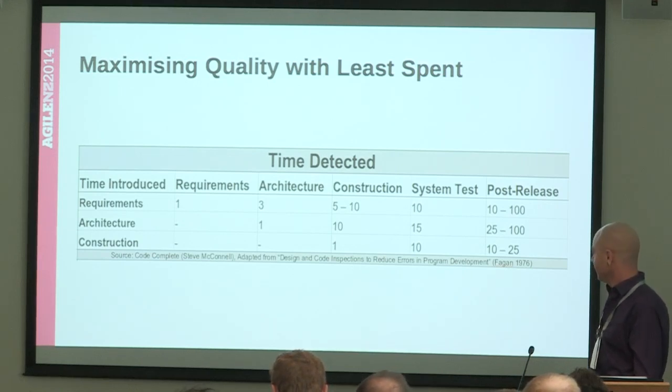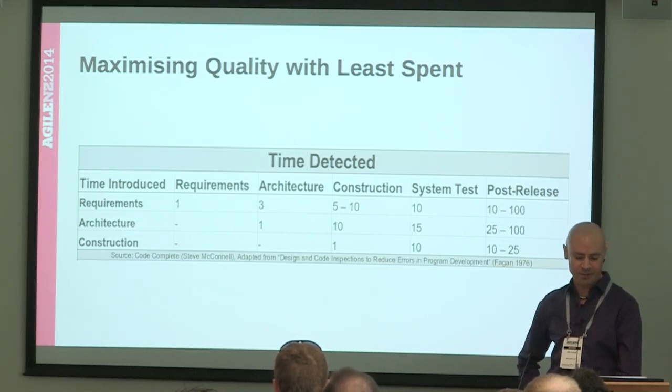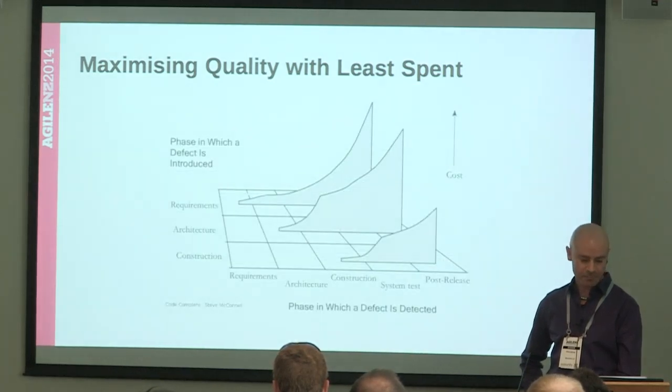So as you can see, if you detect a defect in your post-release stage, and it's a requirements defect, it's going to cost you 10 to 100 times the price to fix it, as opposed to finding it in the requirement stage. And this image here basically just shows you the same thing, but it's a bit more visual, sort of gives a bit more impact to the situation.